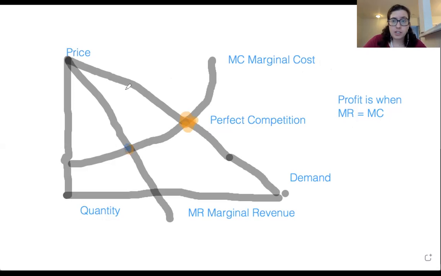Instead, they get to charge along the demand curve, which means they get to charge right here. All of this is going to make sense. The monopoly charges here. Everything's going to be slightly right of wherever I draw, because of how this text is working.